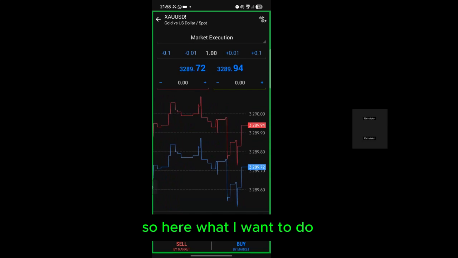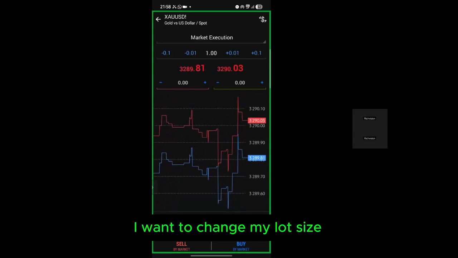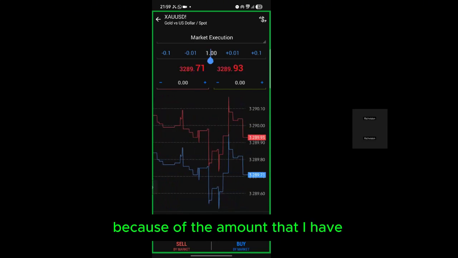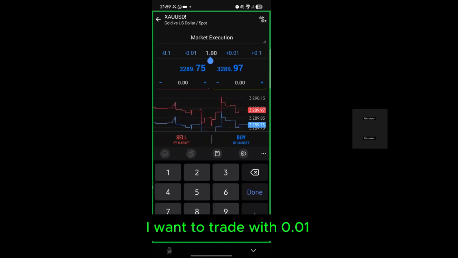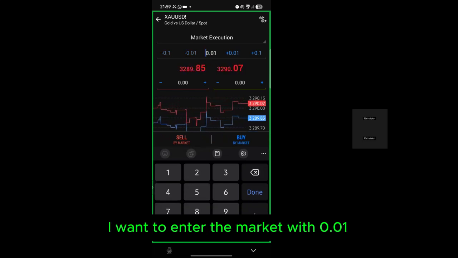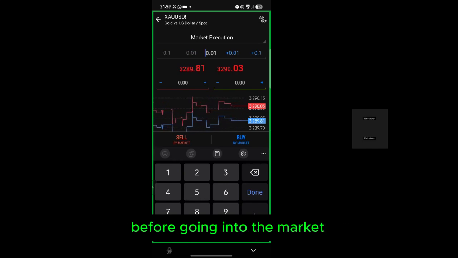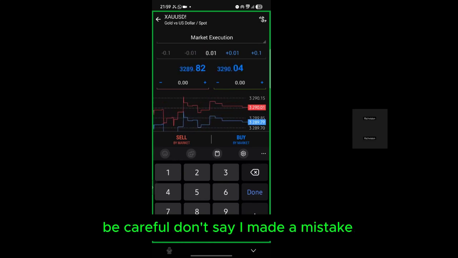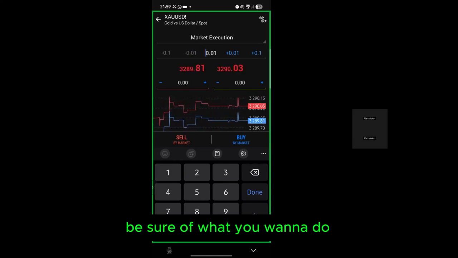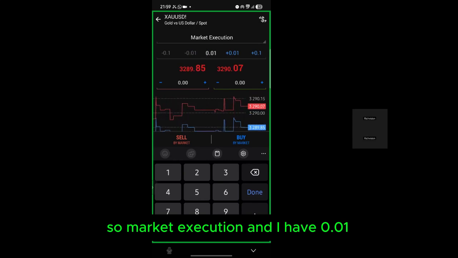Because of the amount that I have, I want to change my lot size and enter the market with 0.01. That is the first thing you have to address before going into the market. Be careful. Don't say, I made a mistake, I didn't know it was 1 there. Be sure of what you want to do. So, market execution, and I have 0.01.